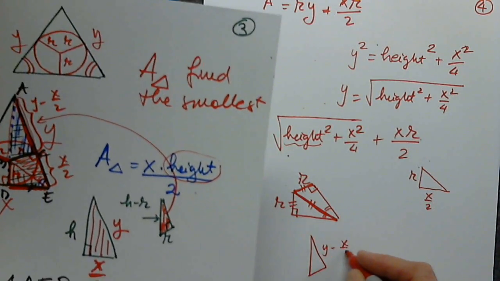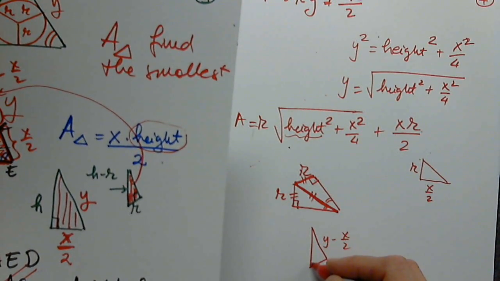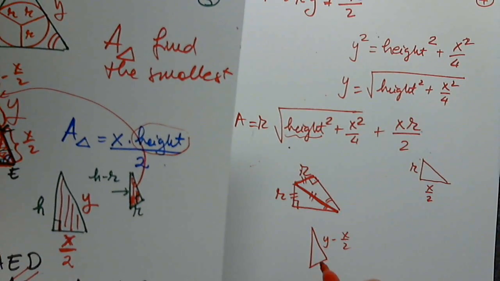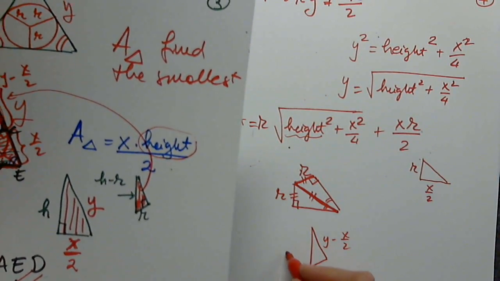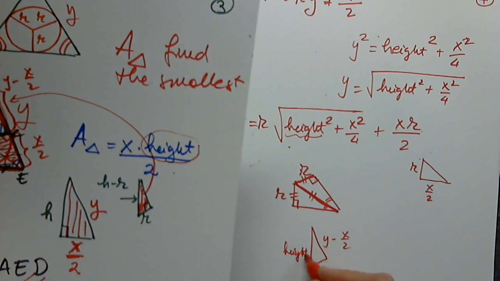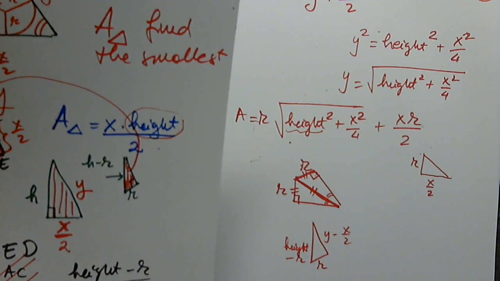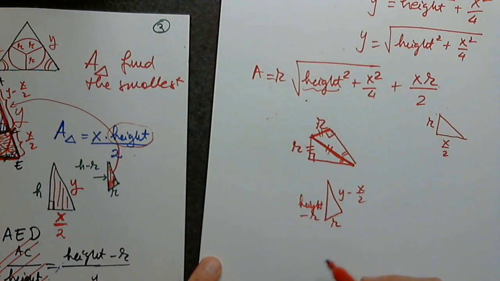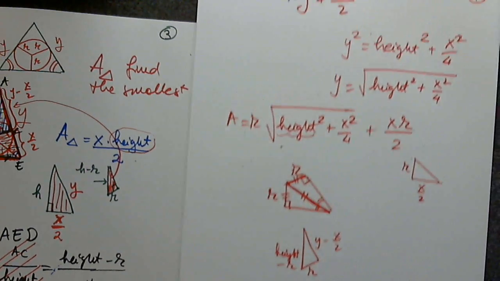So this triangle has y minus x over 2, and this piece is the height minus r, and this is r. So what do I have? Height minus r, everything squared, equals y minus x over 2, everything squared, plus r squared.